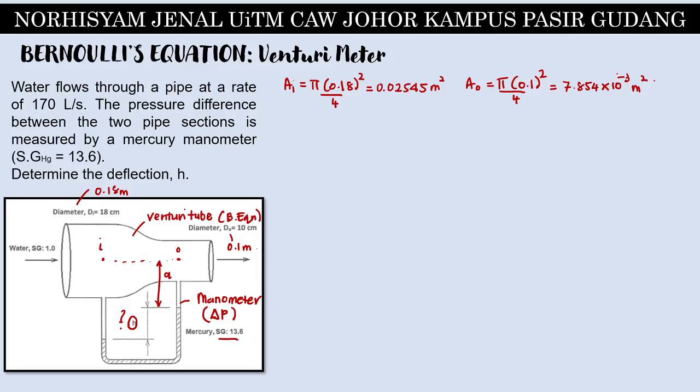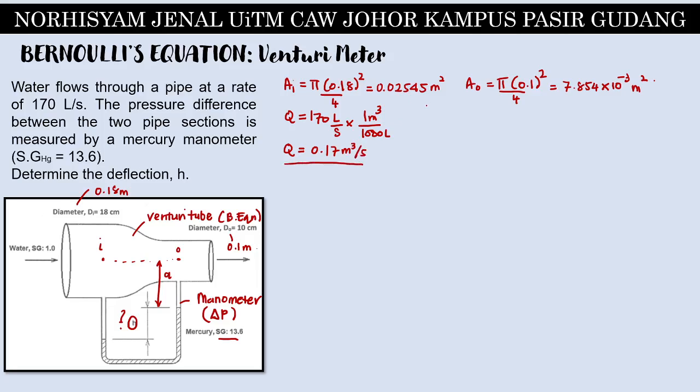Okay, so we want to find out what is the velocity at point I. So Q is equal to 170 liter per second. We change it into meter cube per second. So times 1 meter cube over 1000 liter. So Q is equal to 0.17 meter cube per second.